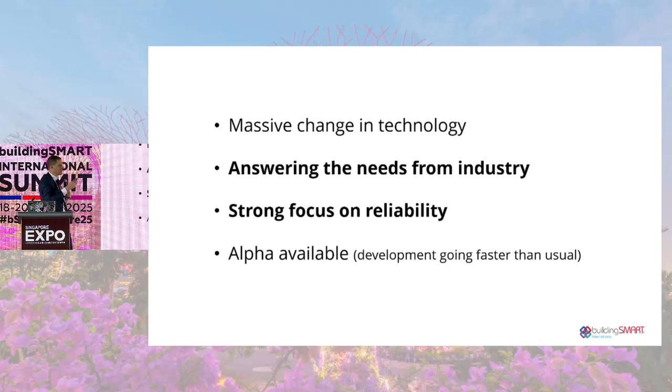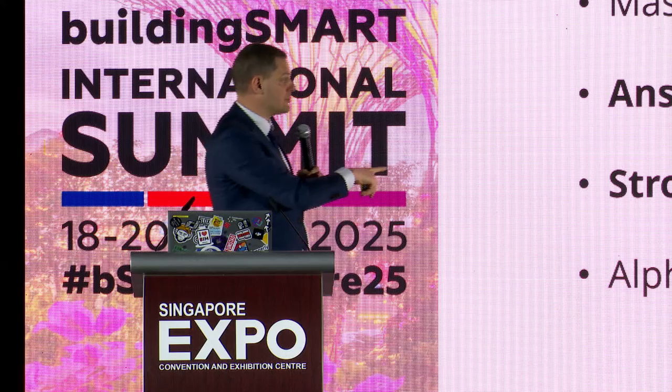These new use cases, incremental updates, as you said yourself, are really coming from the industry. We also have a much stronger focus on reliability in software implementation, so there's no loss of data when all of this data is being exchanged between these online services. And as I said, if you want to learn more, if you want to see it tomorrow, we already have a first alpha version available, and development is going much faster than usual.